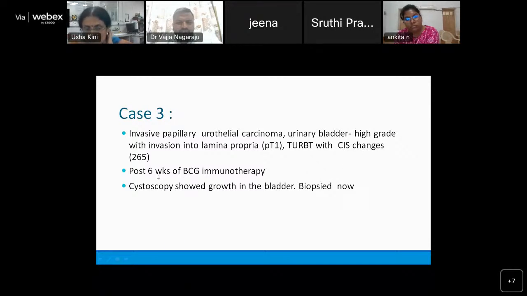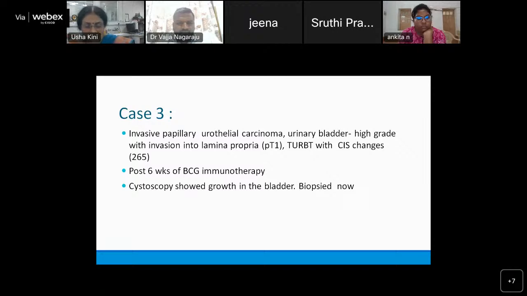And 6 weeks prior, the patient had undergone BCG immunotherapy, so it was instilled into the bladder as one of the treatment protocols. Thereafter, they did a cystoscopy and saw a small growth. So he biopsied that so-called small growth, which was nothing but what we have seen so far.